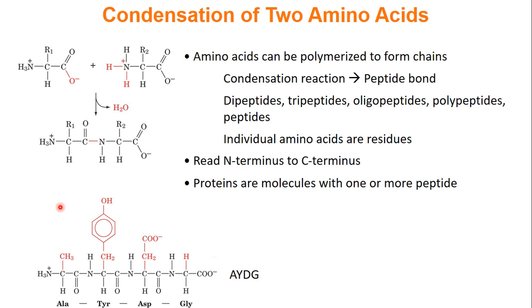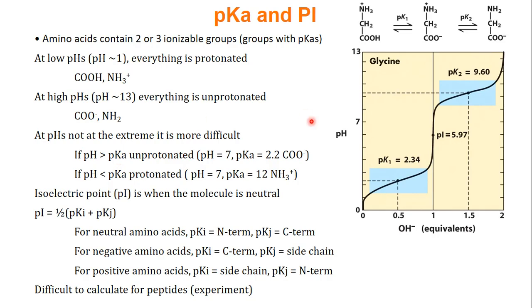For example, we have the sequence of alanine, tyrosine, aspartic acid, and glycine. So I would call this peptide AYDG based on its 1-letter codes. And proteins, which we'll talk about in a little bit, are just molecules that have 1 or more peptide chains in them.